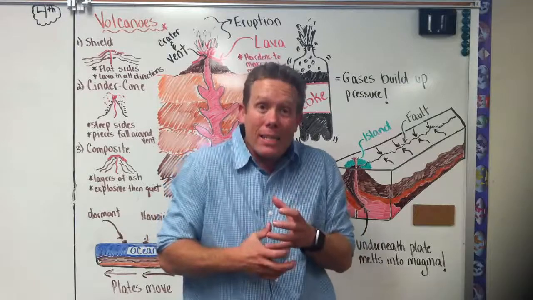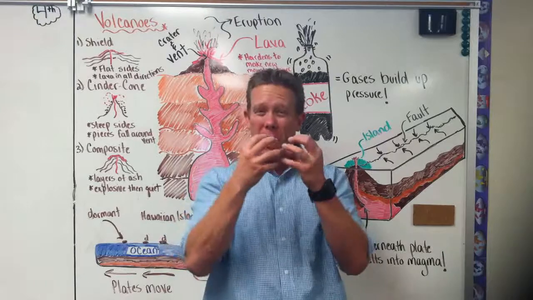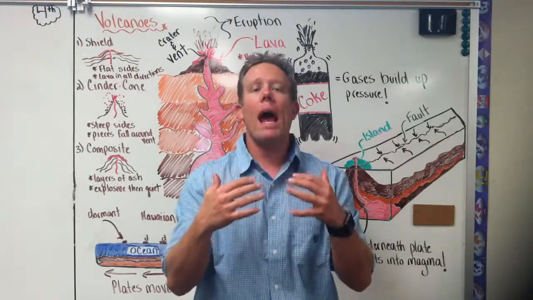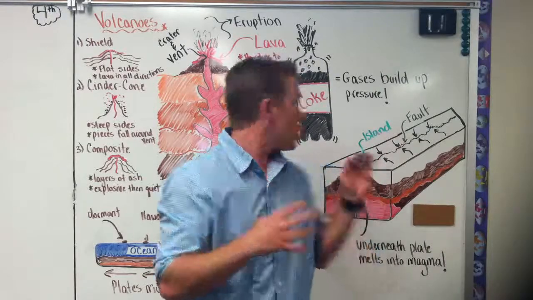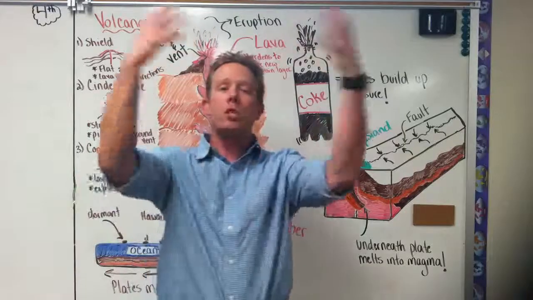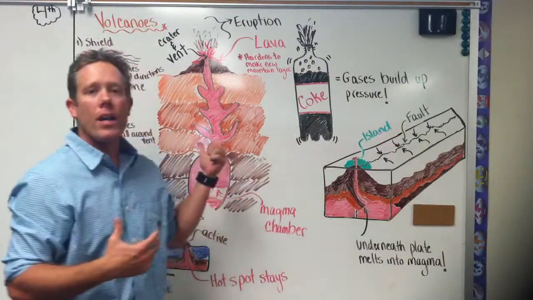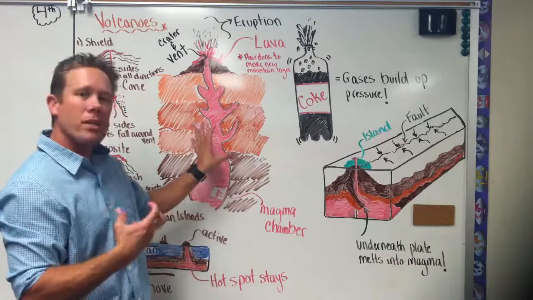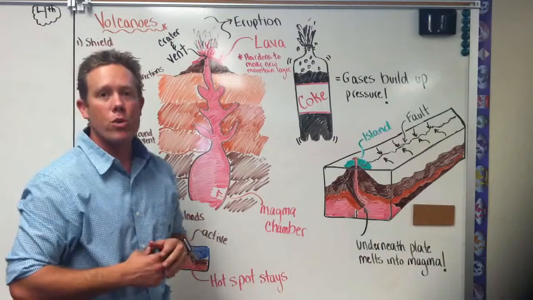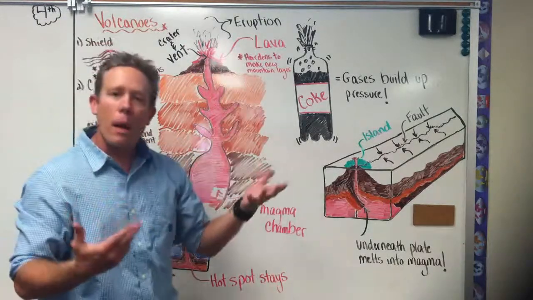Once you shake that, the top of the soda bottle starts to get real tense, the pressure builds, and eventually the gas becomes so strong that it actually blows the top off and sprays. That's the same kind of thing that is going on here with a volcano. The gas builds up, the heat and the pressure, and it actually explodes and blows through the top. That is called an eruption.